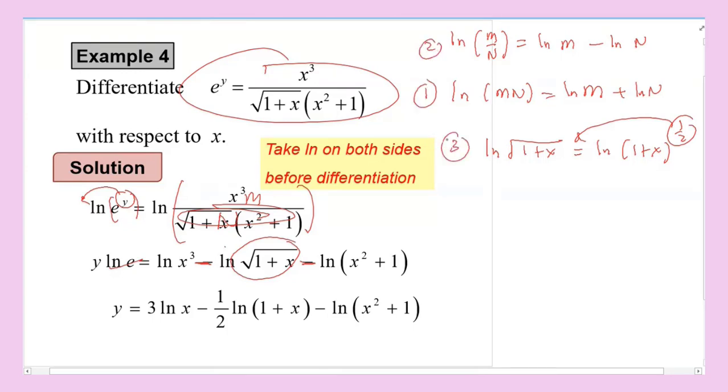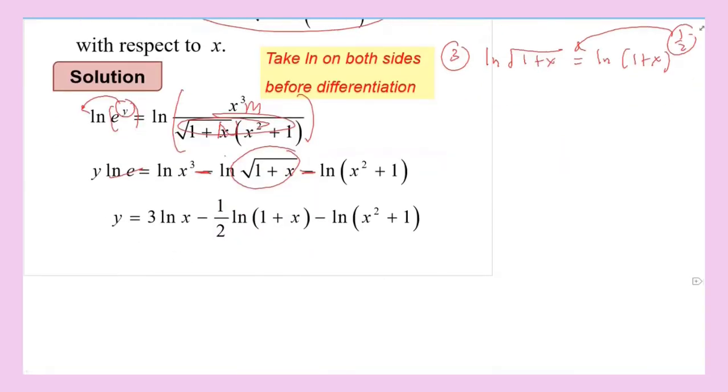You have to remember, there are only three log rules, so follow these forever, same rules. Not too hard to remember. We haven't differentiated yet, we just make it simpler. So by taking ln to the other side, we adjust the question. The next step is to differentiate.